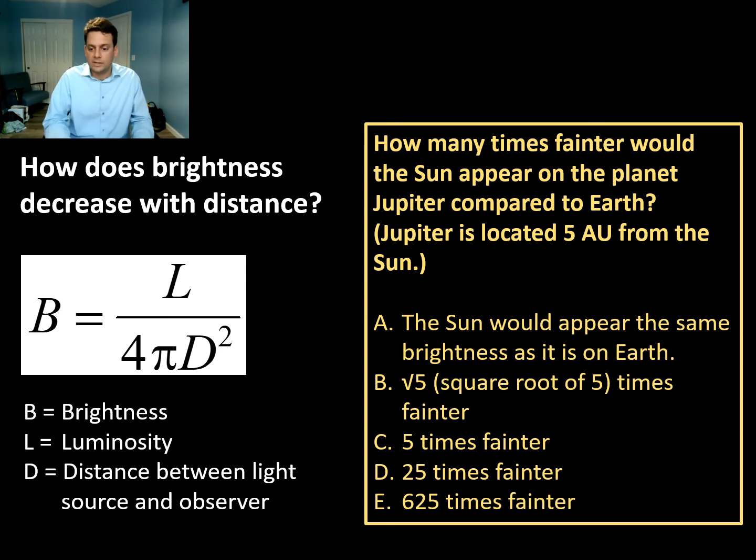If you've forgotten what an astronomical unit is, this is a good time to pause me and go look it up. I could just tell you the answer, but then you probably wouldn't remember it. So how much fainter does the sun look? I'll pause for 30 seconds again, and then we'll come back and finish off the lecture.